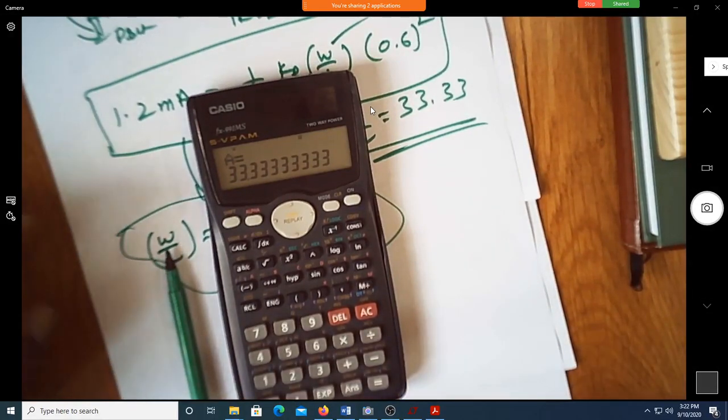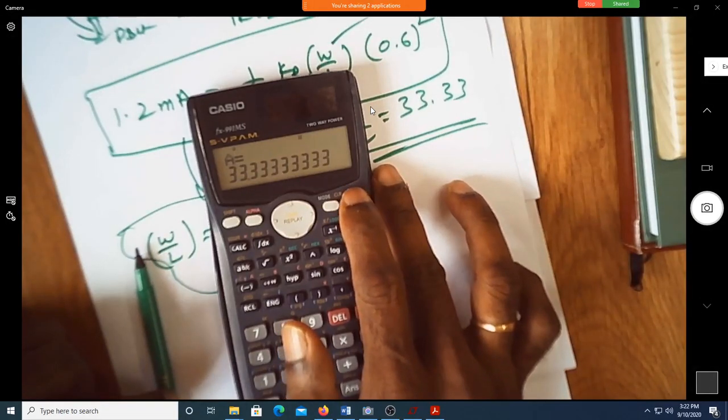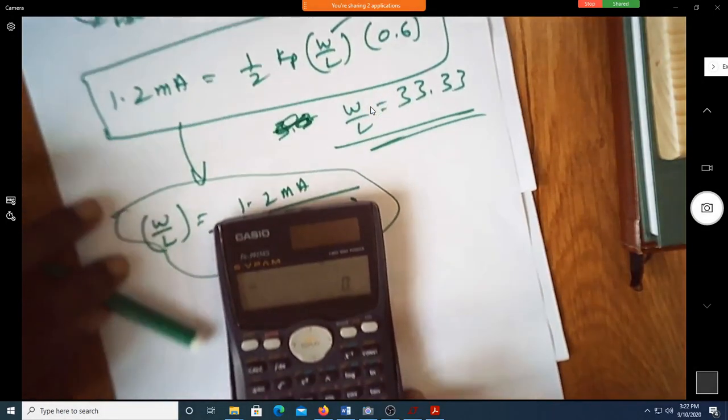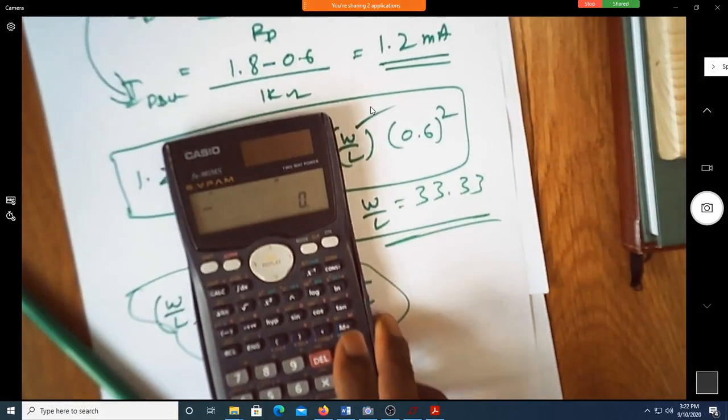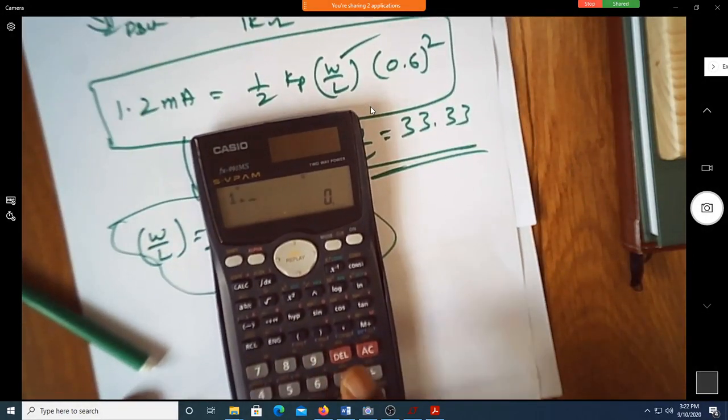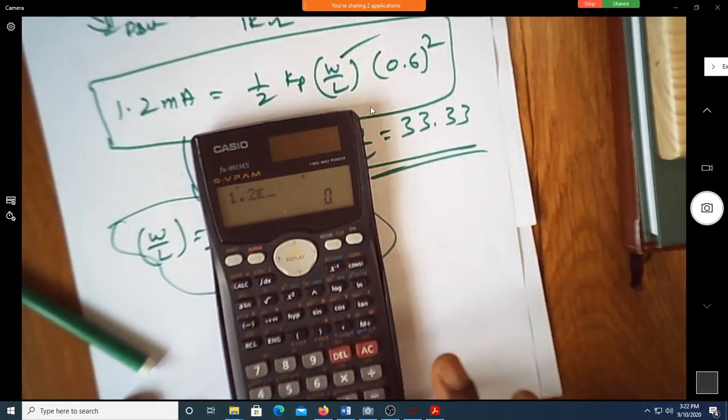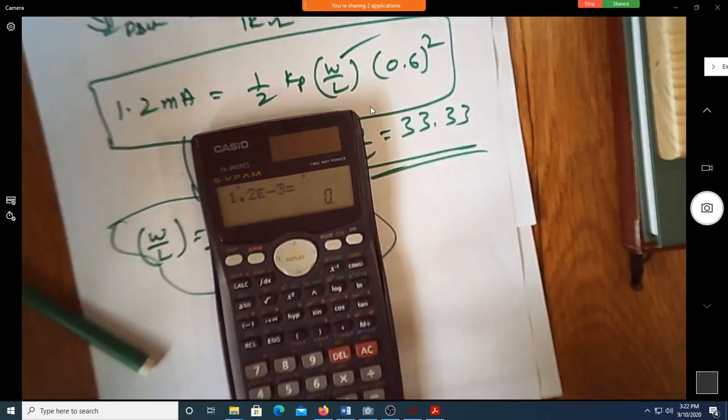Okay, I will repeat this. So, what is to be found, Nivedita, in this equation? What is to be found? W by L. So I will edit the equation as it is. 1.2 exponential minus 3, because that is milli, alpha equals, because there is an equals here.